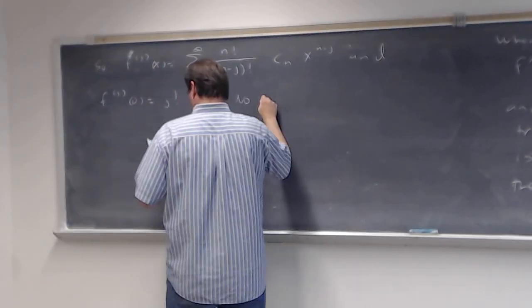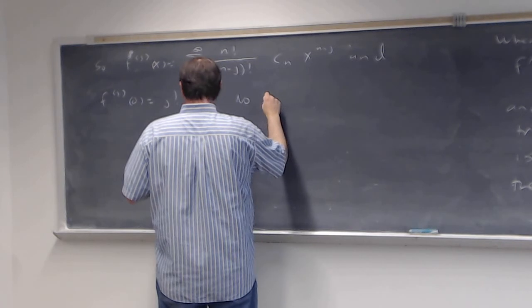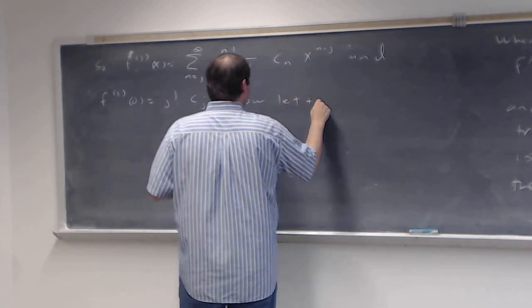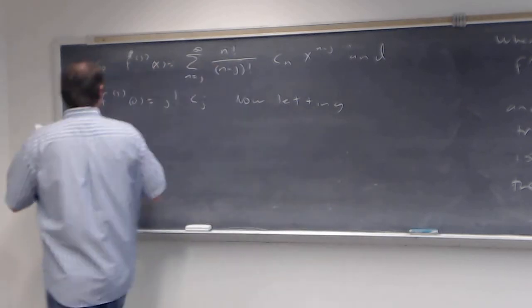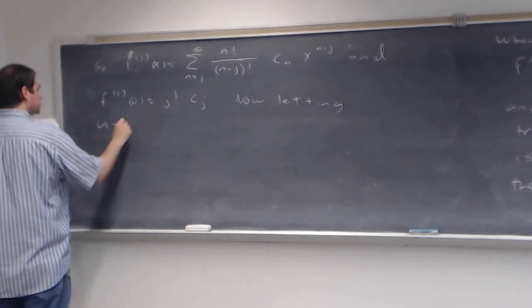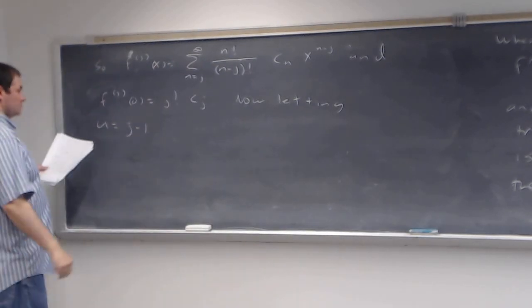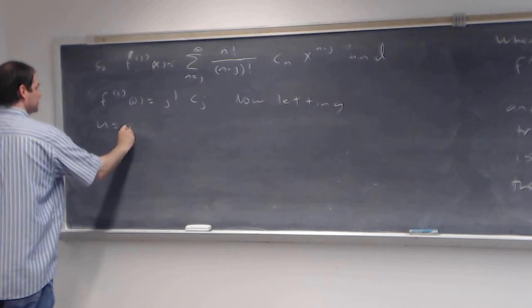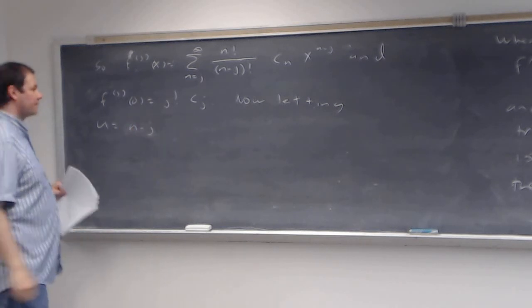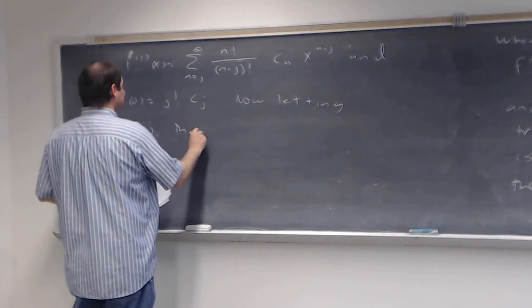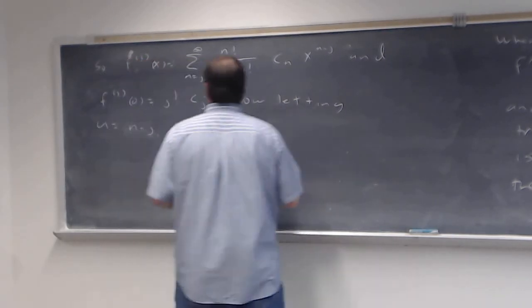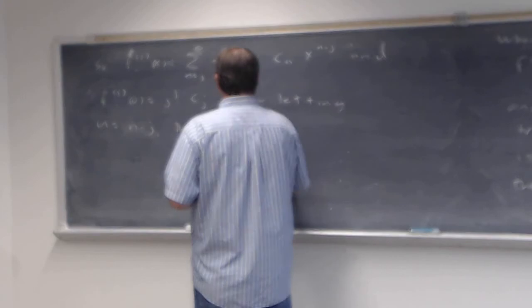Now, if we let u equal to n minus j, then we have that the jth derivative is equal to this sum.